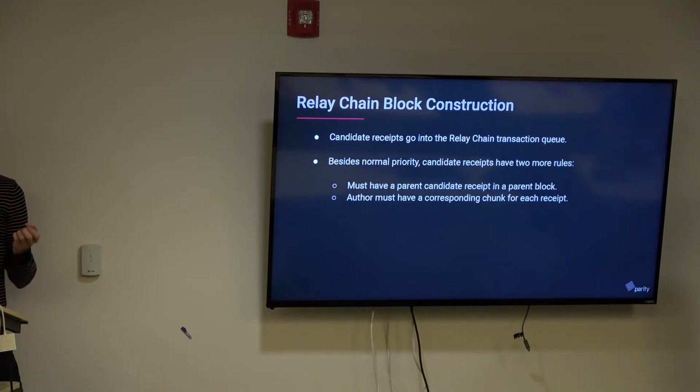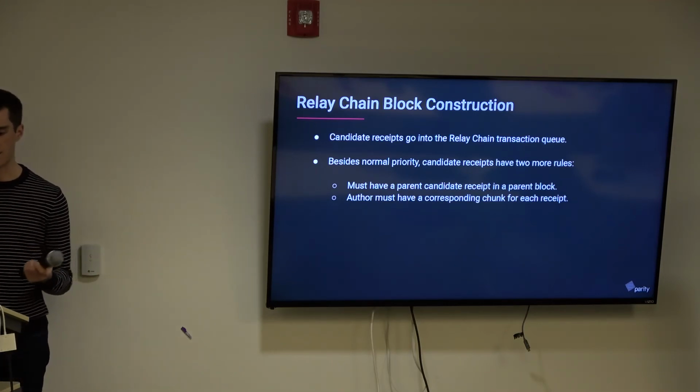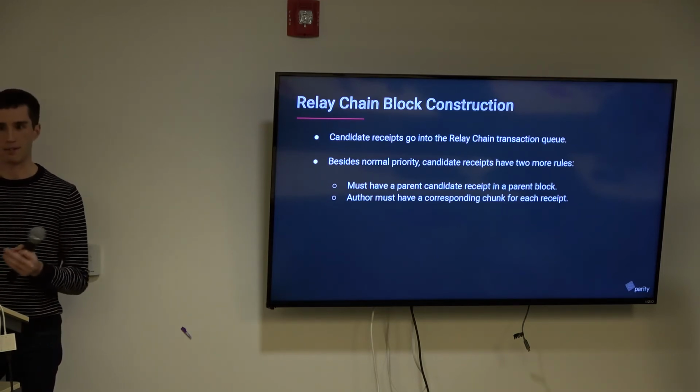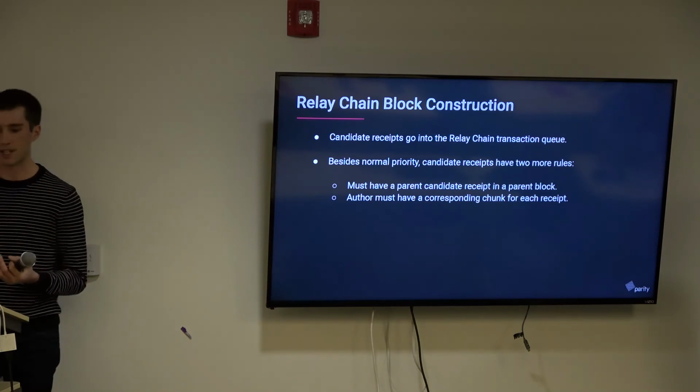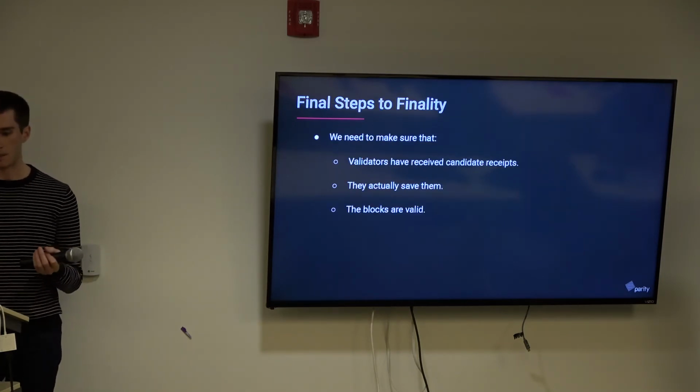Then we have this availability grace period: if it's been 10 blocks and you still don't have your erasure coding chunk, you send out a notice saying, hey, I haven't gotten my thing yet. If enough validators raise their flag and say they never got an erasure coding chunk for this, they throw away that candidate receipt and it's gone.